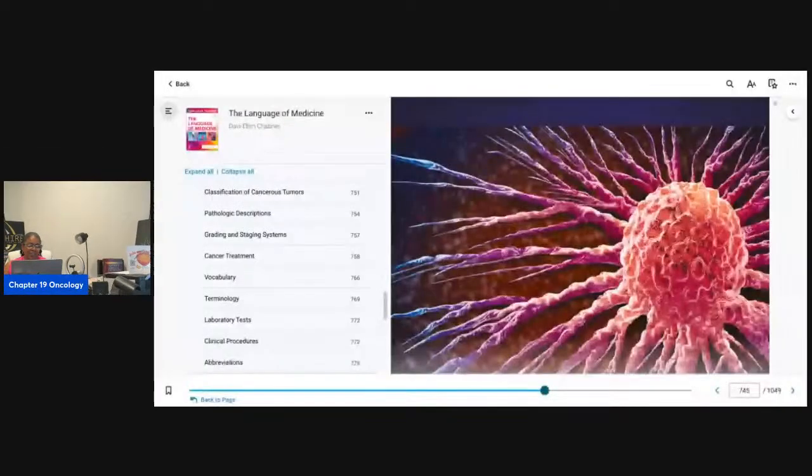Describe x-ray studies, laboratory tests, apply new knowledge and understanding. That's generally what it is. And again, you guys know we always start off with a picture of the chapter. That's the picture of the chapter really quickly. Okay, so again, that's the goal for us to learn here.